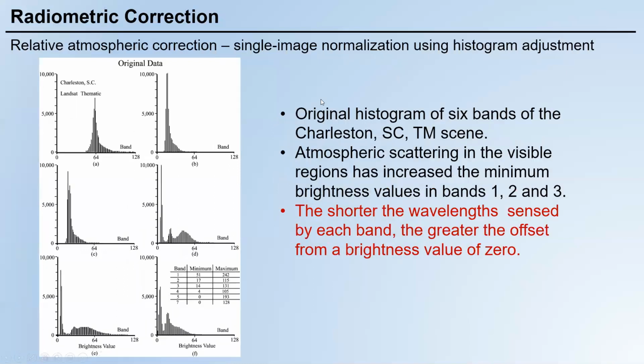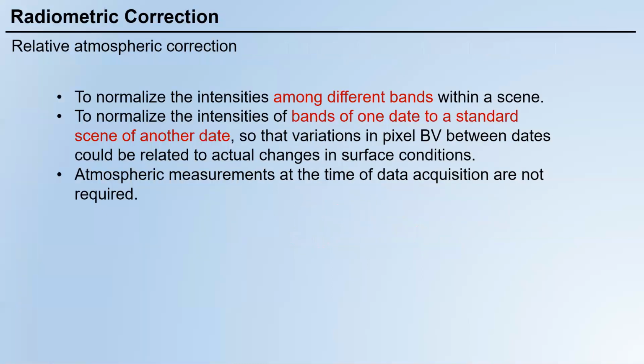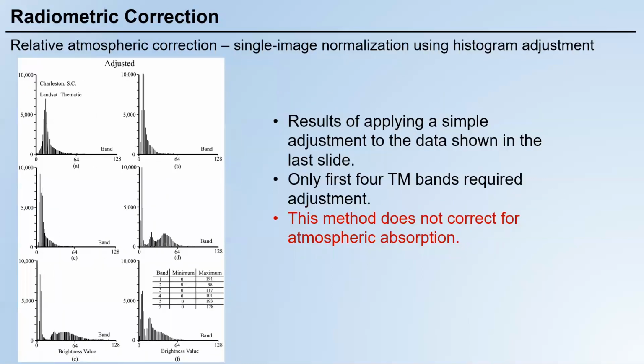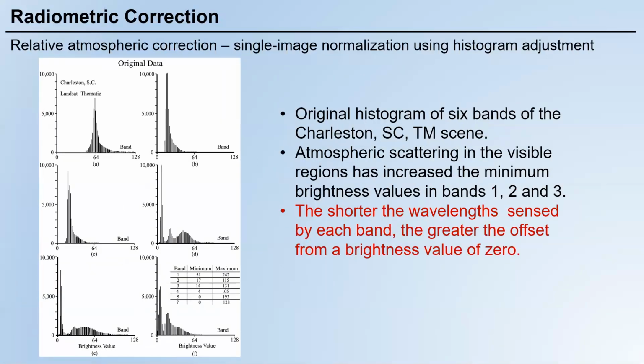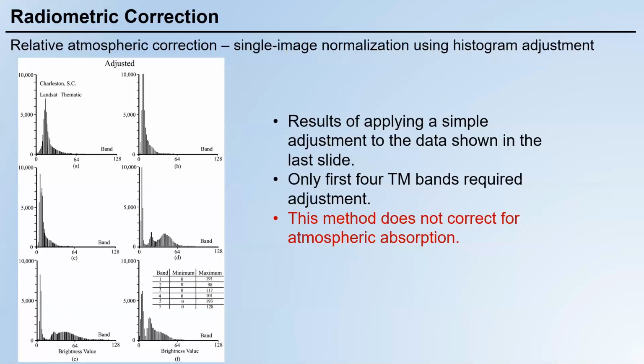Okay, so if you compare them, what we did is simply move the histogram of the first 4 bands to the left to make sure that the minimum value is 0. But I have to emphasize again, you have to be sure that some pixels should actually be 0 in your image.